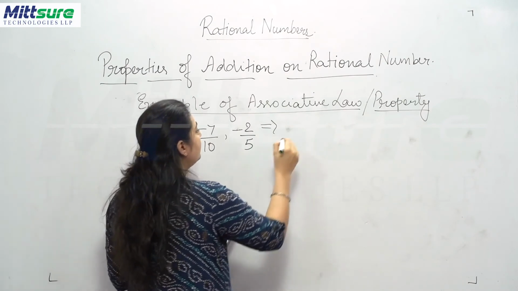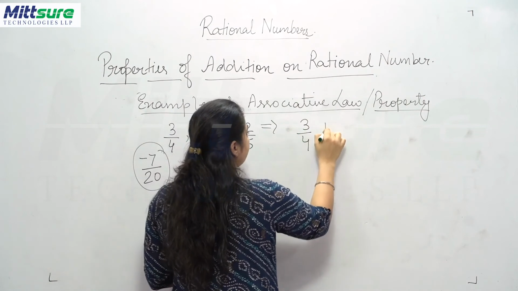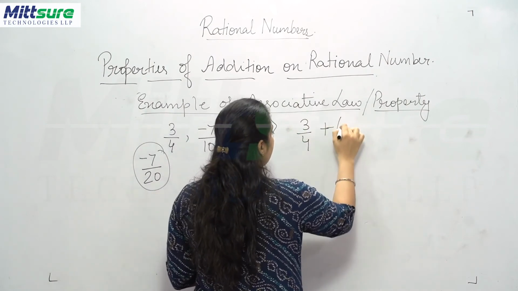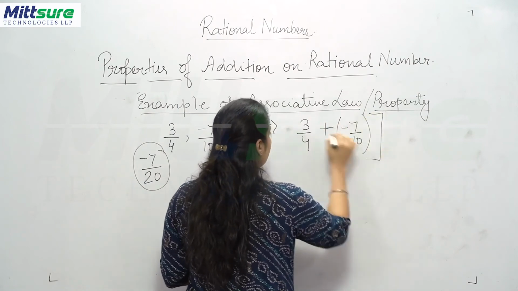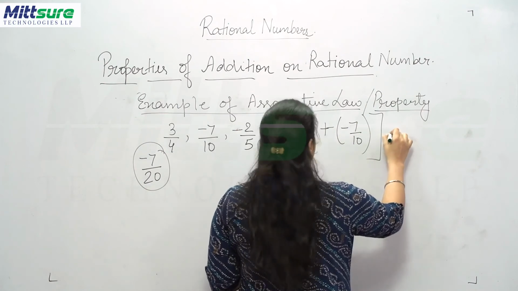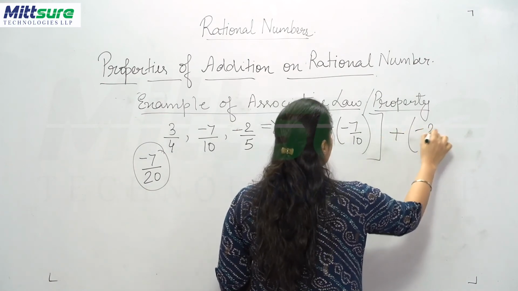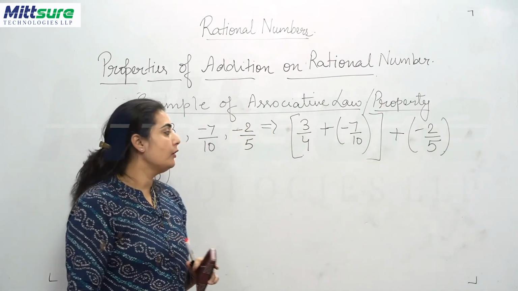Okay, now 3 upon 4 plus minus 7 upon 10 plus minus 2 upon 5. Okay, so this is what we are going to do.